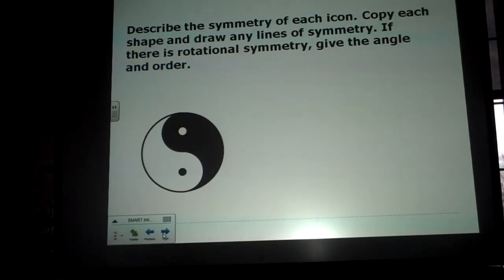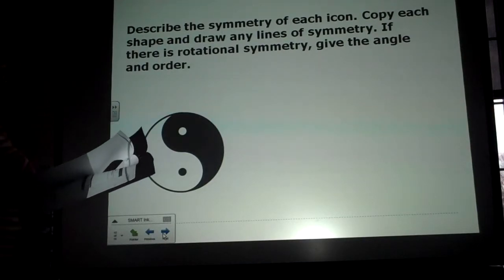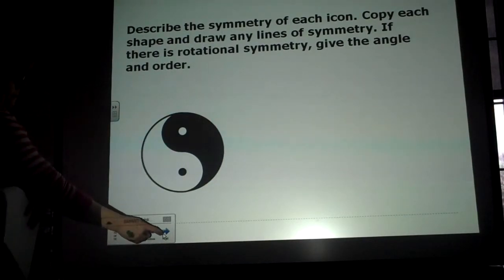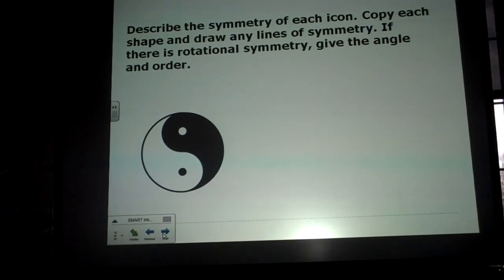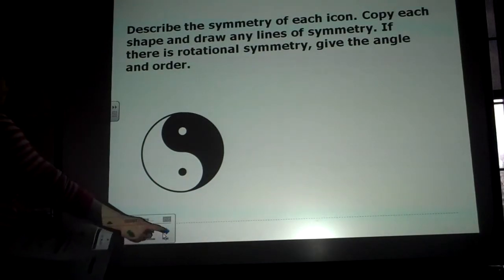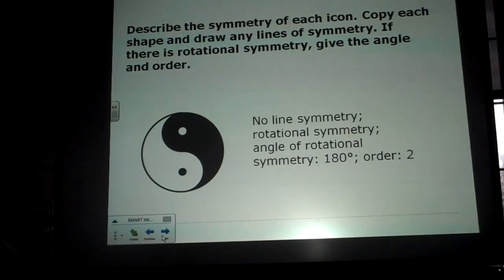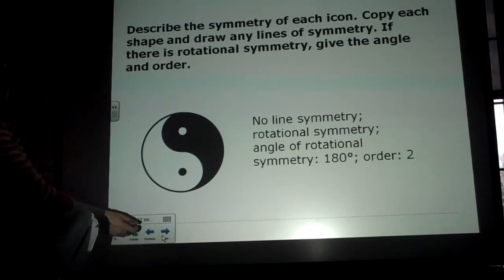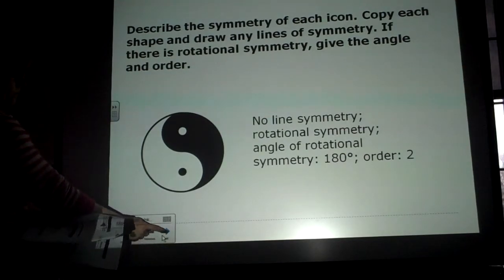Okay, describe the symmetry of each icon. Don't worry about copying the shape. You can just draw over what you have there. If there is a rotational symmetry, give the angle and order. So what do y'all think about this diagram? Is there line symmetry? Is there angle of rotation? Or rotational symmetry? There's no line symmetry, but there is rotational symmetry. You can rotate it 180 degrees, so the angle of rotation is 180 degrees. The order is 2.